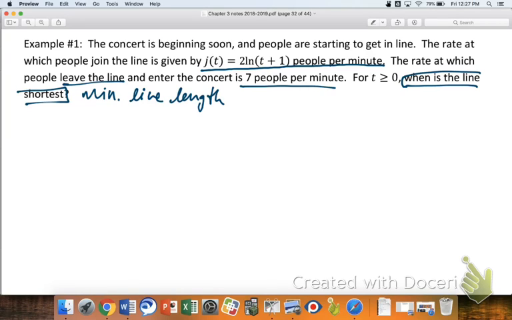Would this work? No. It's fairly close. Is this correct, or should I write T? Hang on one second.